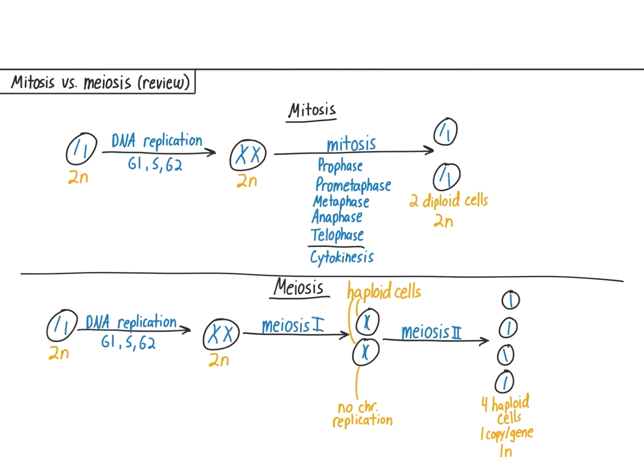Note that the production of 4 haploid gametes for each round of meiosis only occurs in human males. In males, these 4 cells become sperm, but in females, 3 cells are produced, only one of which is a gamete, the egg.